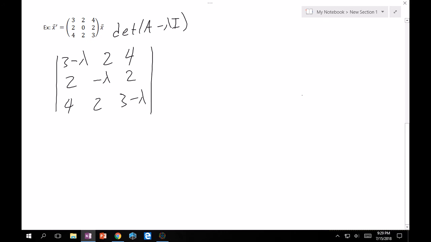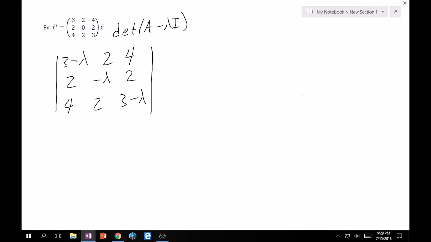Now, the definition for determinant is recursive, as hopefully you know from linear algebra and potentially Calc 3. And so what happens is you basically break it up into smaller 2 by 2s. But you go along a row or a column in the matrix to decide. So I am going to go ahead and do the first column.